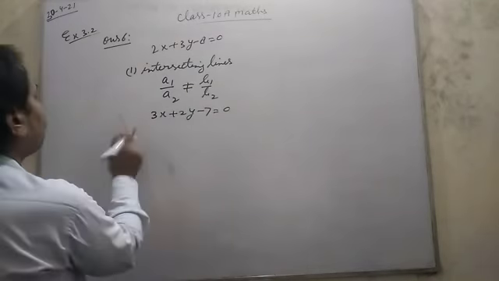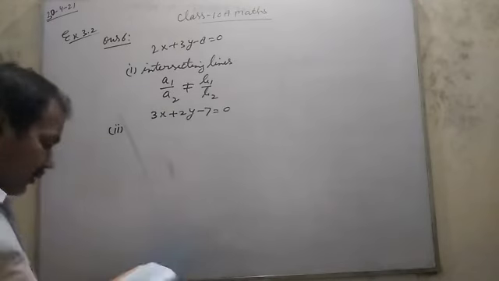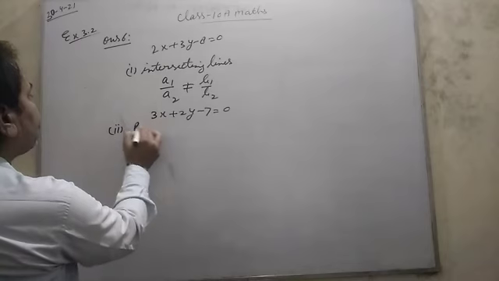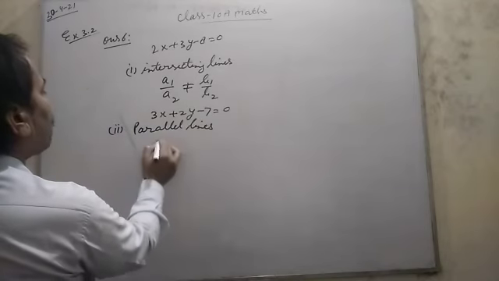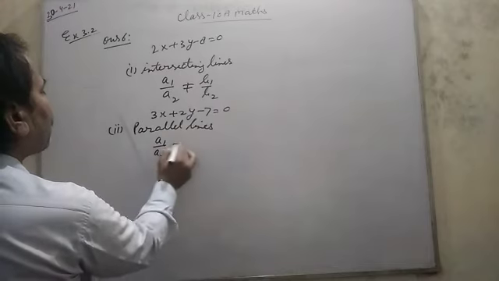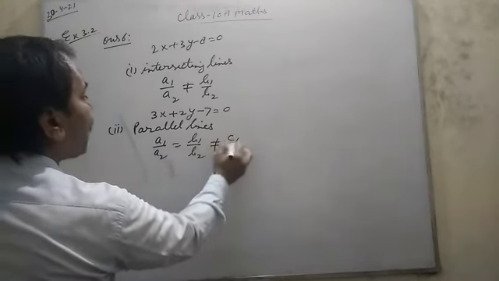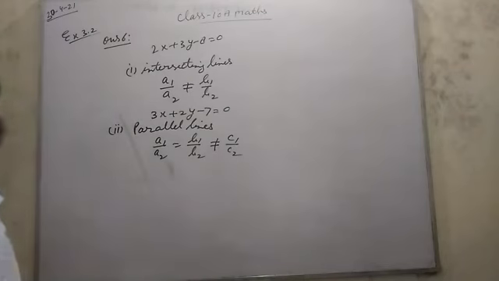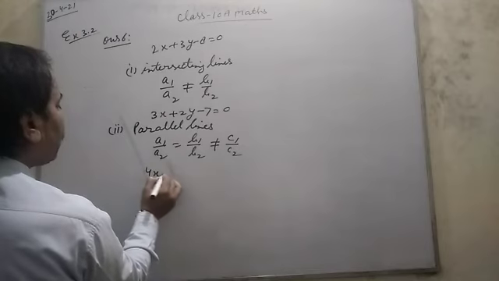Second part: parallel lines. For parallel lines, you know A1/A2 is equal to B1/B2 is not equal to C1/C2. A1/A2: we have 2x, so suppose 4x.